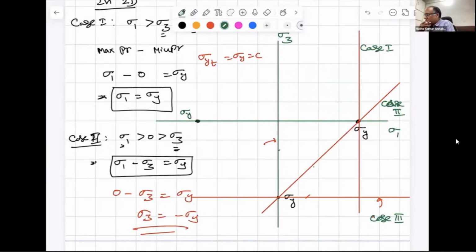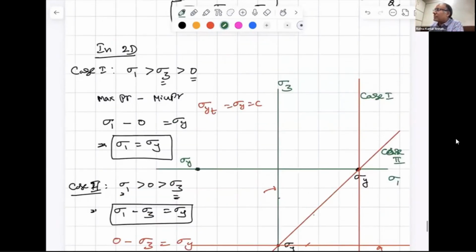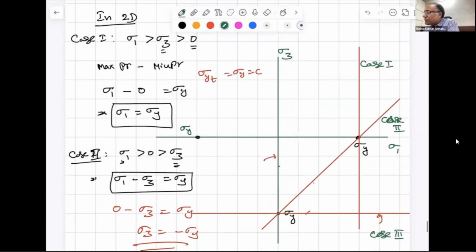And similarly, if you take sigma 3 to be positive. So for example, what we have done is sigma 1 greater than sigma 3 greater than 0. Similarly, you can say sigma 3 greater than sigma 1 greater than 0. Let us say sigma 3 is the largest principal stress. Then you will have your boundaries. I am drawing the boundaries again.